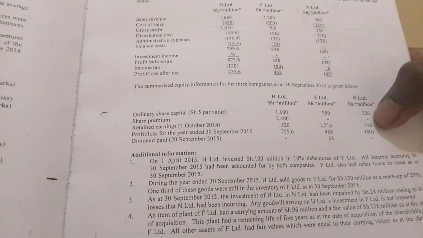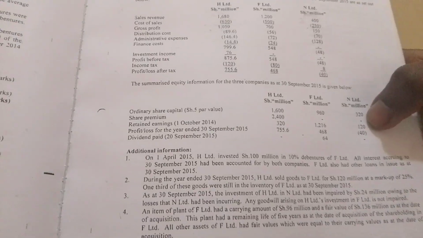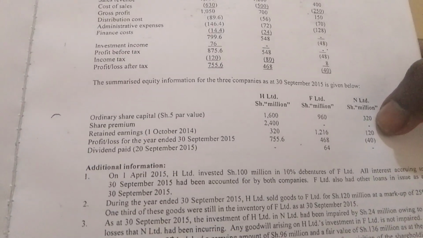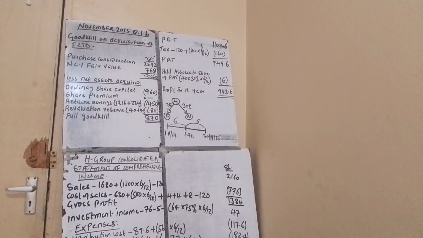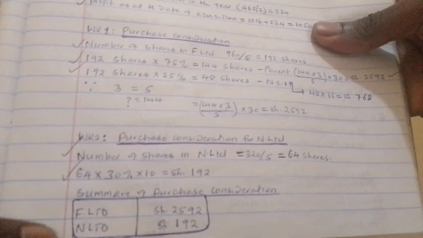So you look at N here, we have that 320, and the par value is 5. So 320 divided by 5, you get 64. And then 64, we are acquiring that percent of that, and then you multiply by 10 to get 192. So show your workings this way.